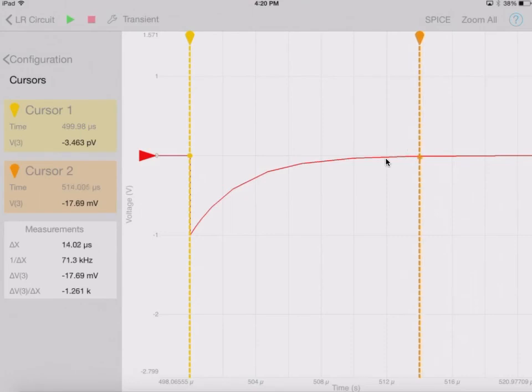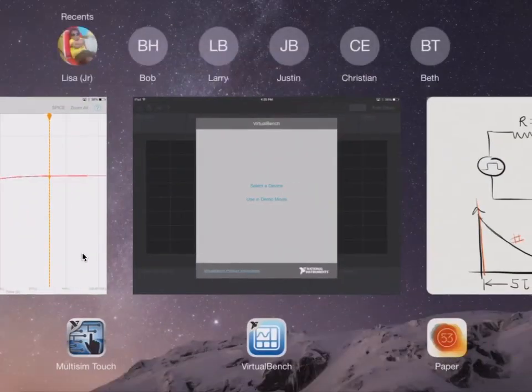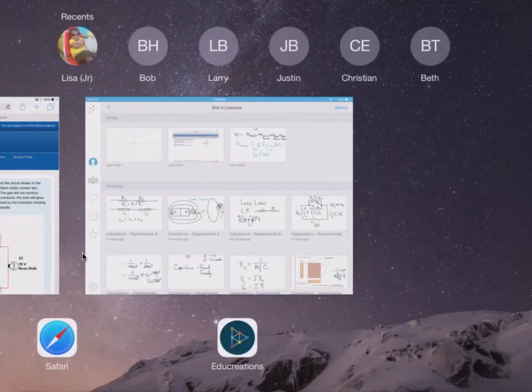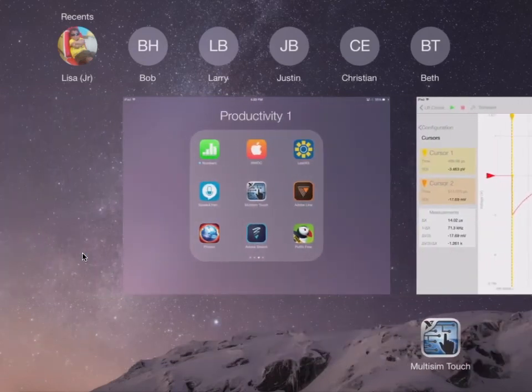Okay. And now we can look at our delta x, and our x is the time, okay, and we have voltage on the y. So our delta x for our cursors is 14.02 microseconds. So if I just go back to a calculator, where is my calculator?